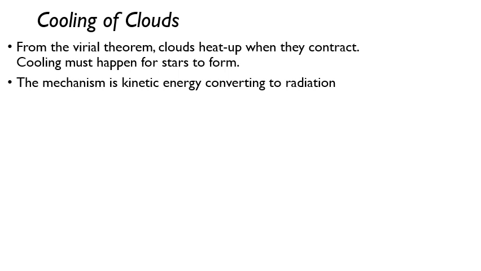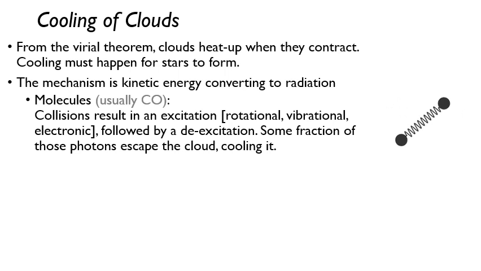The basic mechanism, right, is we need to convert kinetic energy, the motion of these molecules and the stuff inside the gas cloud, into radiation. And there's two ways to do this. So you can do this with molecules. So the molecules collide, and that then excites your molecule. So for instance, usually the main molecule we consider is carbon monoxide because it's the most prevalent. So you can excite the carbon monoxide via rotation, which is lower energy.